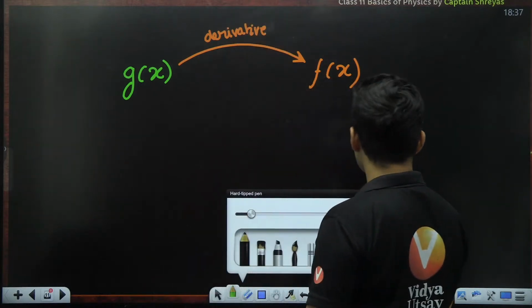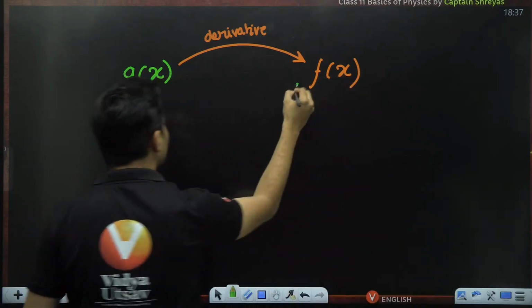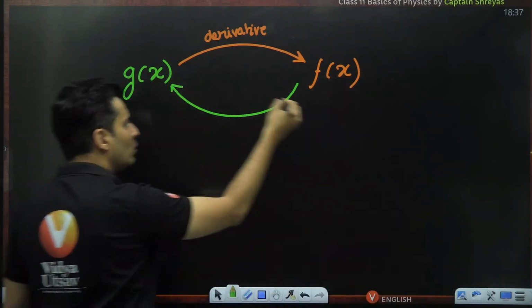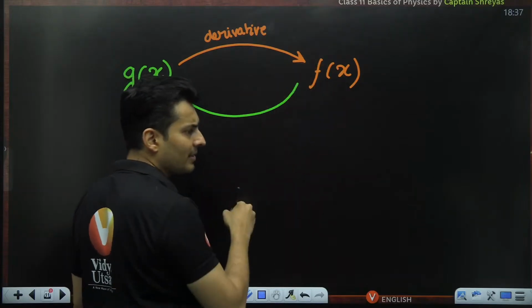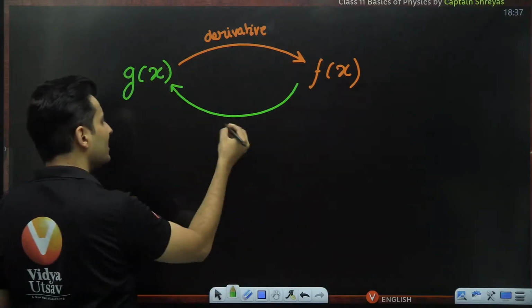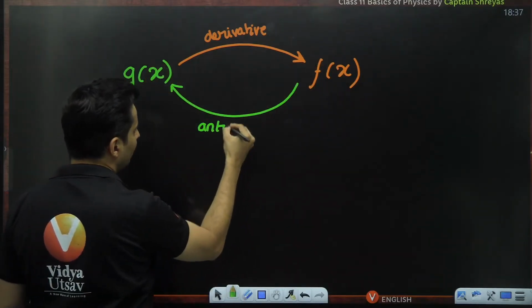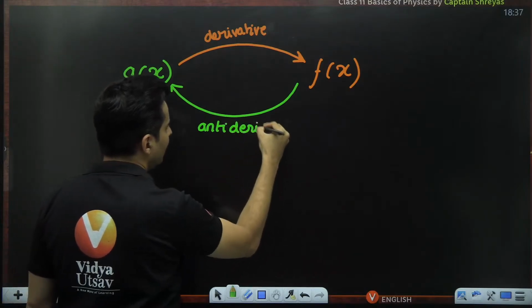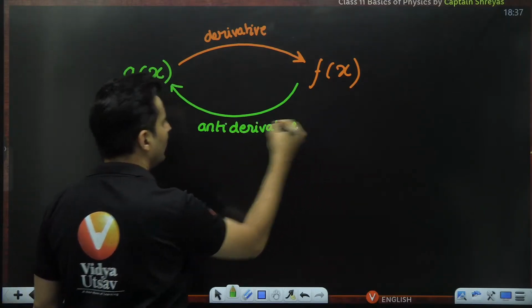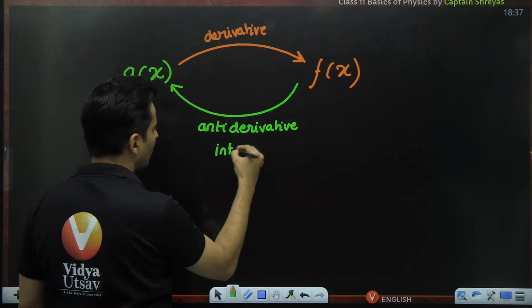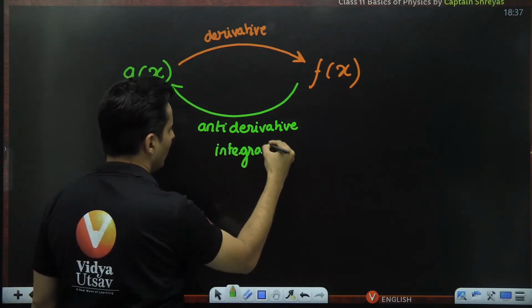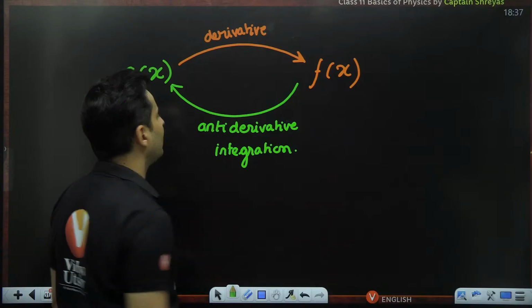If I take the reverse exactly, that means if I try to find whose derivative is f of x, I get g of x. That antiderivative is also called as integration.